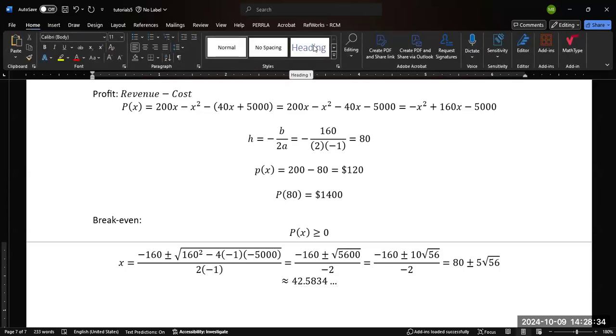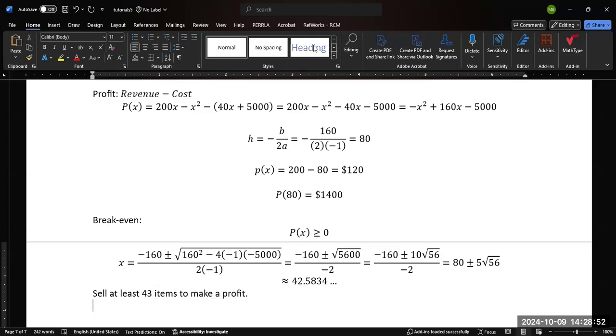But that's, again, the equality. I can't round down, regardless of what the decimal place is. I can't sell 42. I need to sell at least 43 items to make a profit.